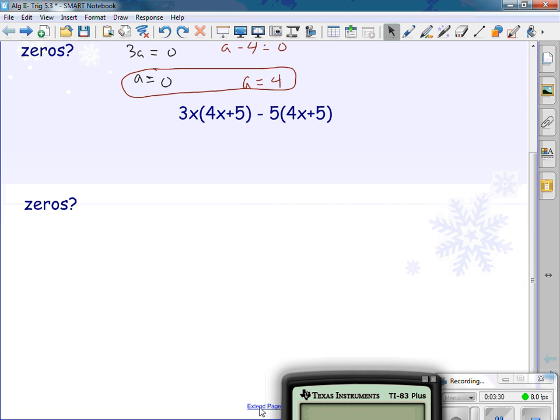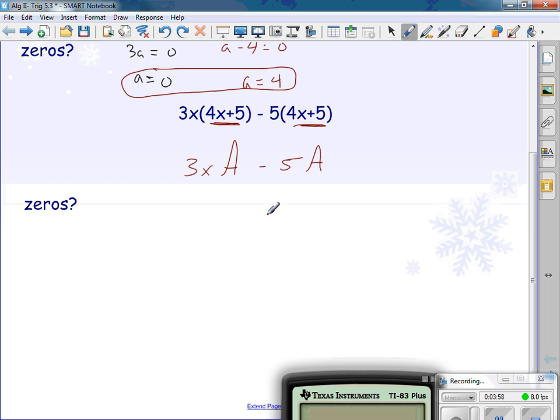Let's factor this one. Actually, this one's a little bit different. You should have done a problem like this in Algebra 1. What do you notice about both of these? They have the same. It's sort of like I have 3xa minus 5a.